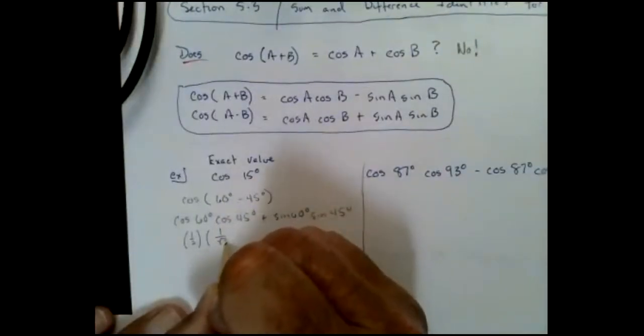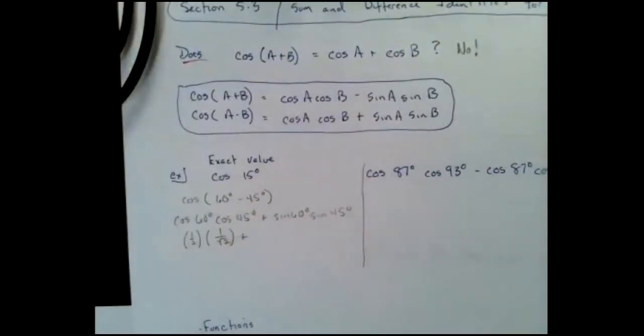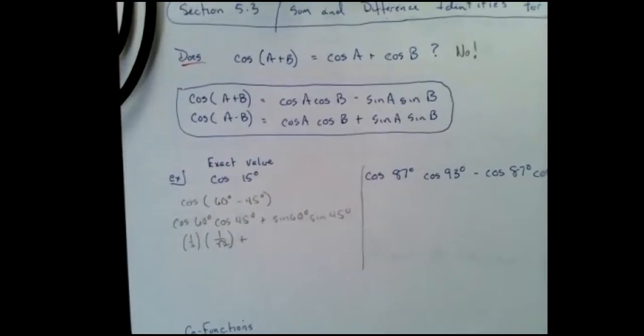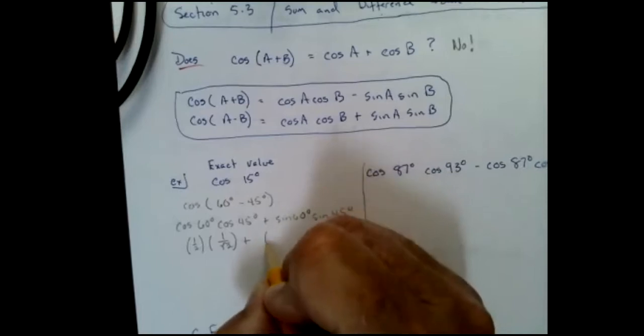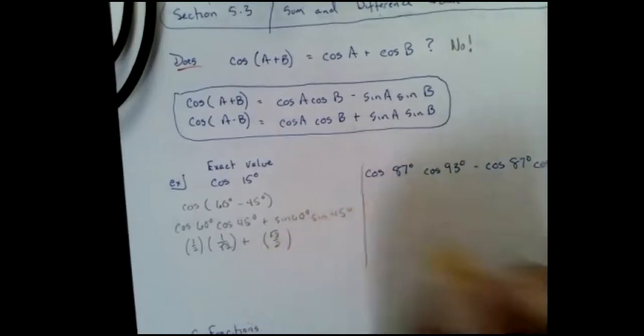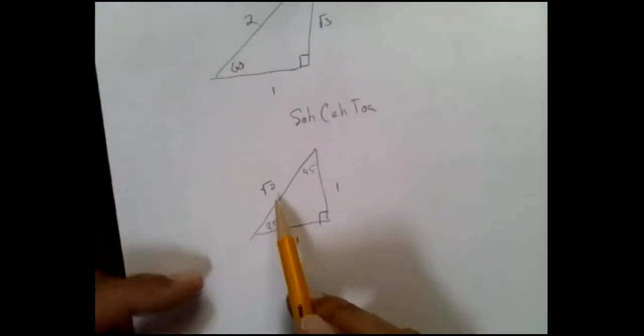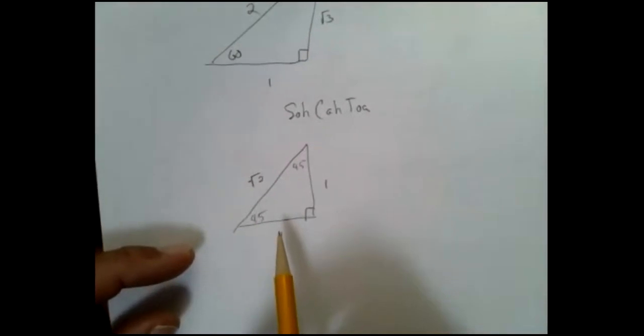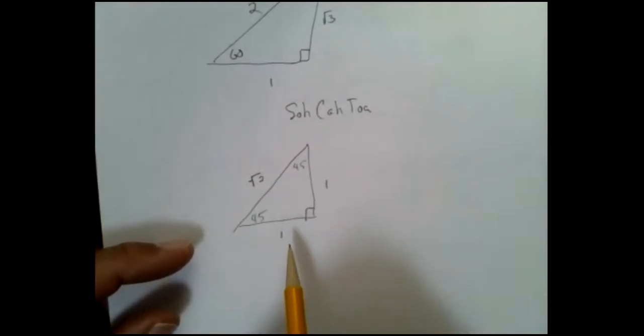1 over the square root of 2 plus sine of 60, square root of 3 over 2. Wouldn't 1 over the square root of 2 end up being the square root of 2 over 2? Yeah, we're going to get to that in just a little bit. You're absolutely right.